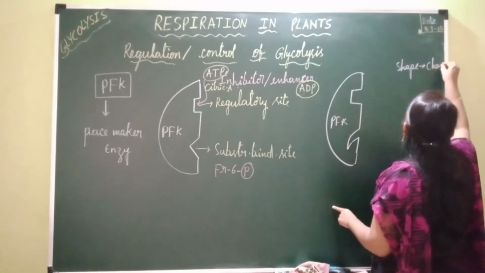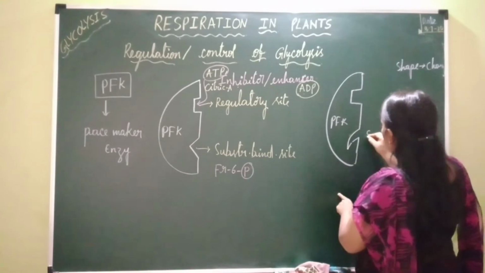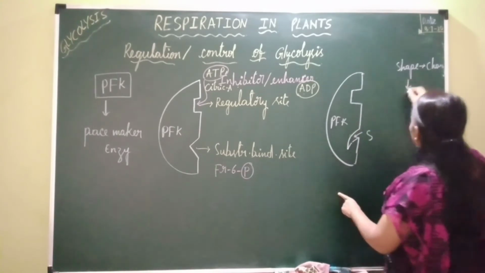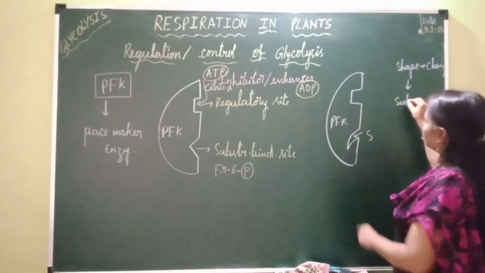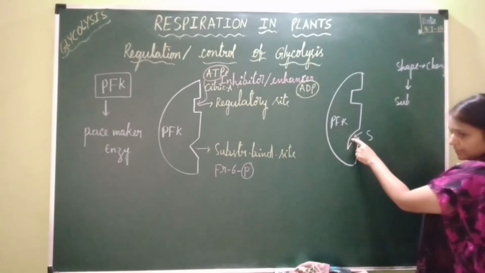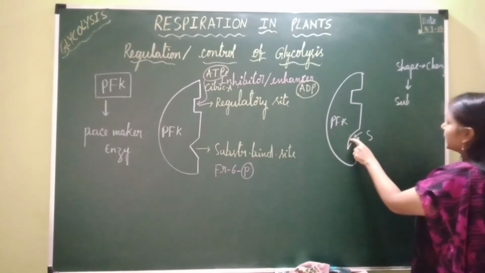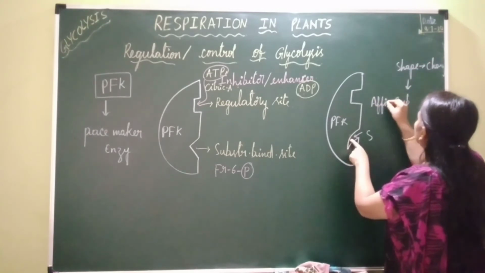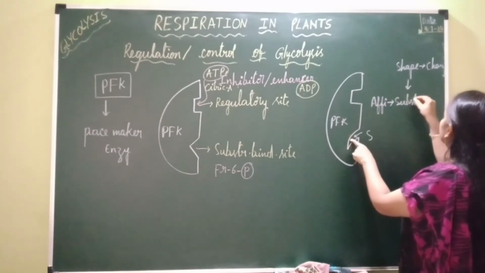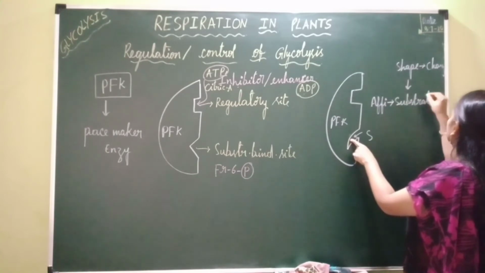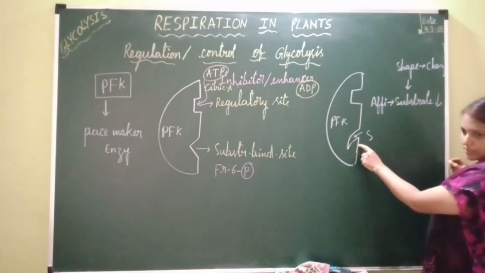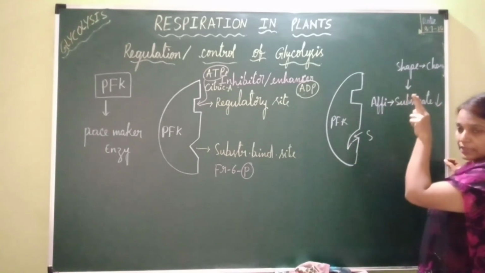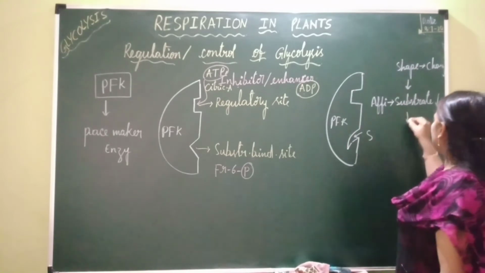When there is a change in the shape of the substrate binding site, what happens? The substrate cannot fit into the substrate binding site of the enzyme properly, and hence the affinity of the enzyme towards its substrate will be decreased. When the affinity decreases, the activity of this enzyme will be decreased.